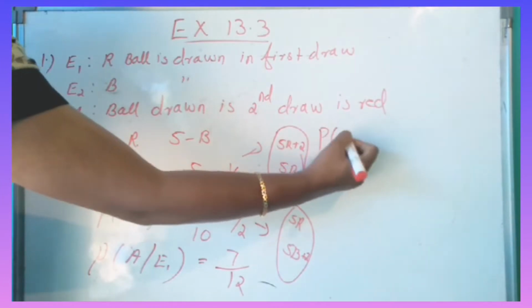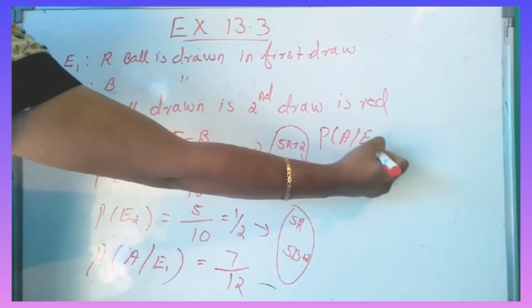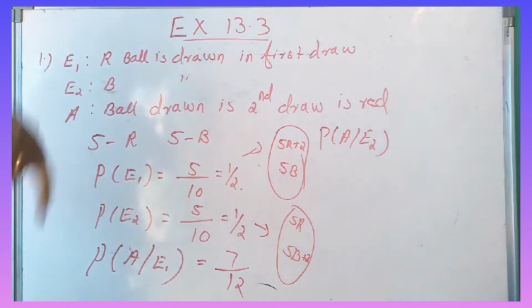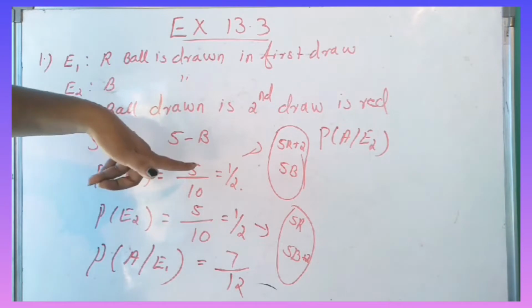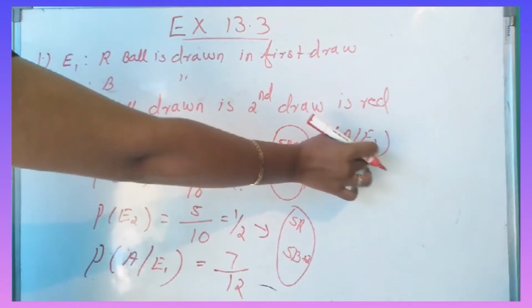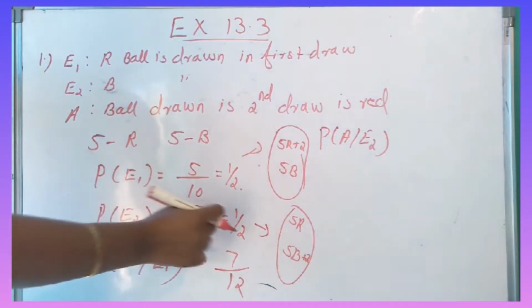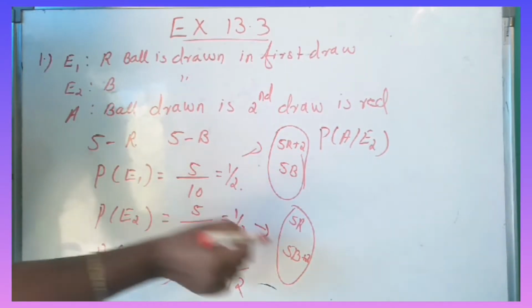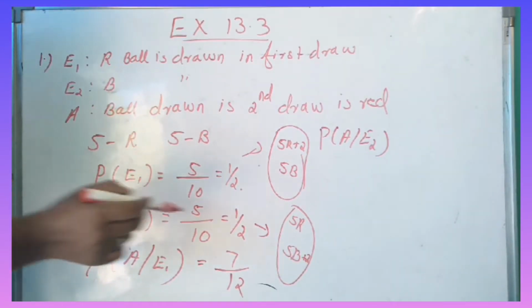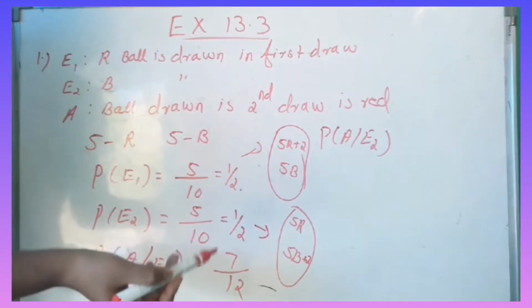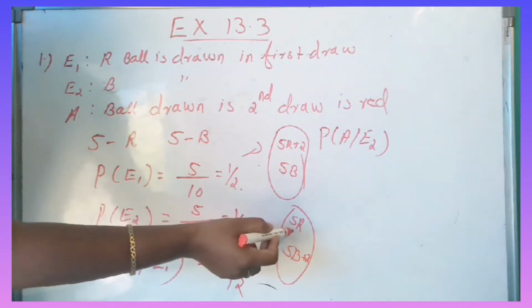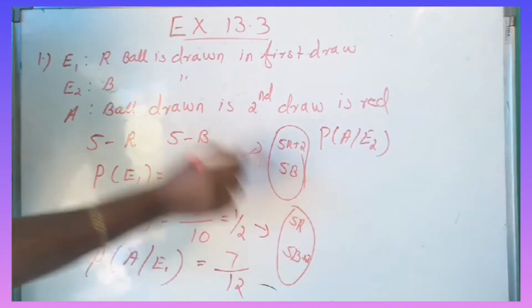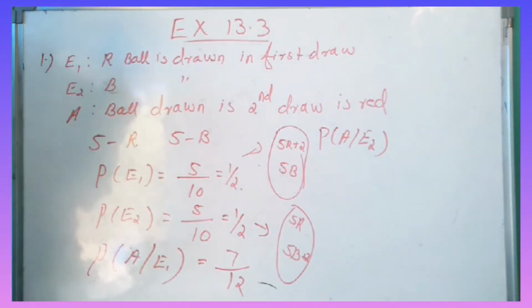Now what is P of A given E2? A given E2 means we need to get a red ball in the second draw after the occurrence of the event E2. If E2 has happened, then our urn will contain 5 red balls and 7 black balls, right? So we have 12 balls.